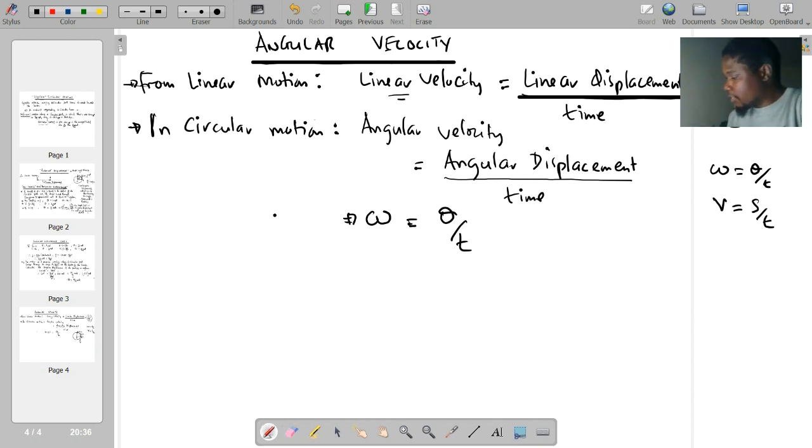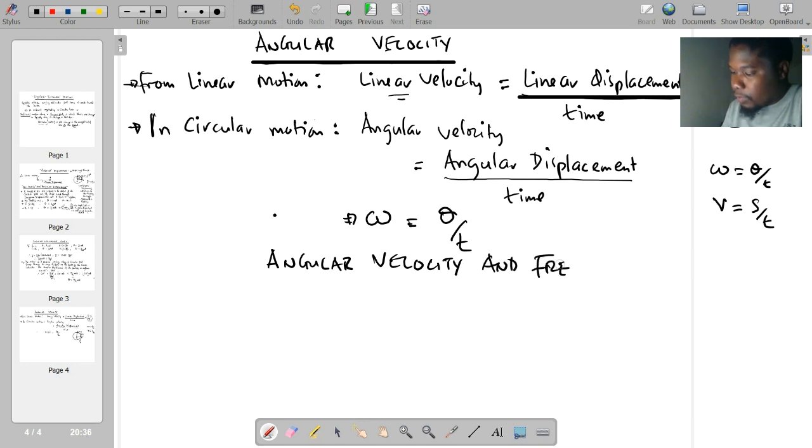Now let's look at the other concept: angular velocity and frequency.